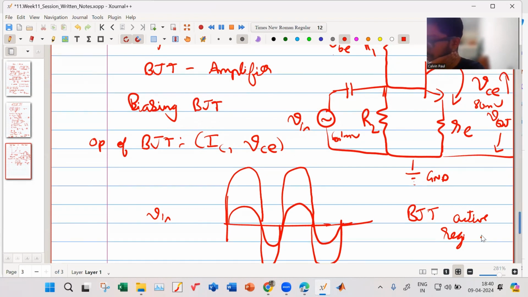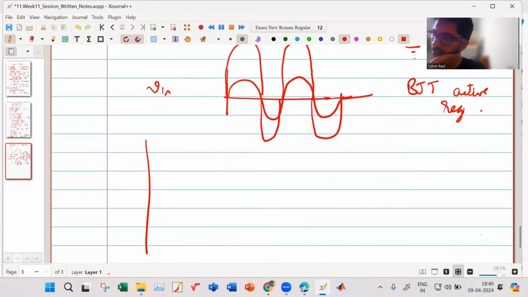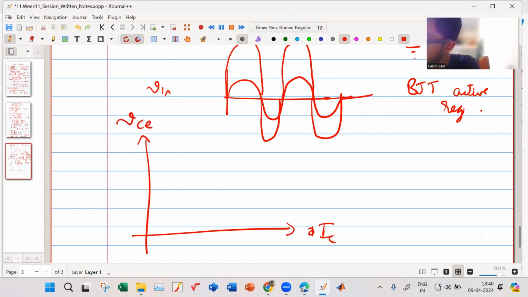Basically, I don't really remember much, but let me say this is your IC and this is your VCE. This will be your load line.